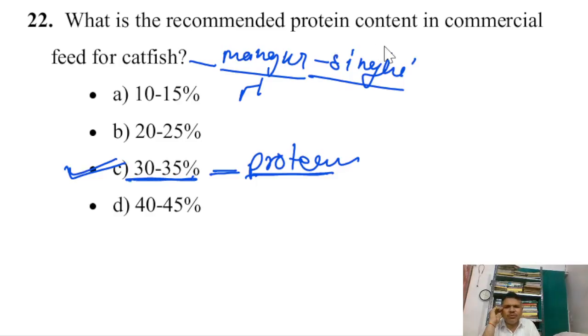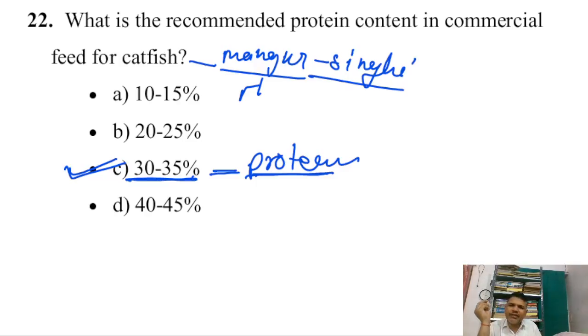Commercial feed is the feed we provide as a complementary food, in order to supplement the diet so that the daily requirement of nutrients is fulfilled.